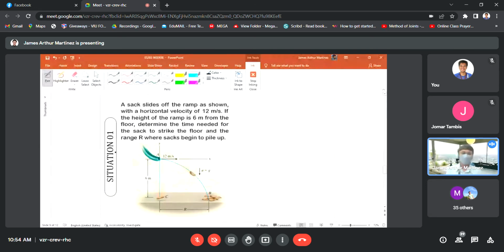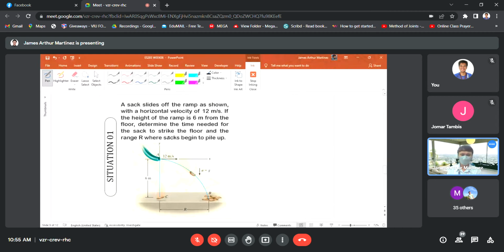We have here sample problem number 1, situation 1. A sack slides off the ramp as shown with a horizontal velocity of 12 meters per second. If the height of the ramp is 6 meters from the floor, determine the time needed for the sack to strike the floor and the range R where the sacks begin to pile up.